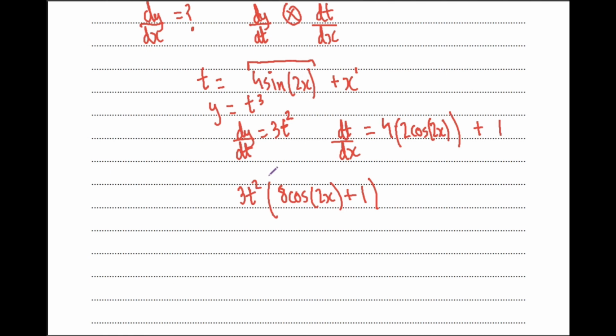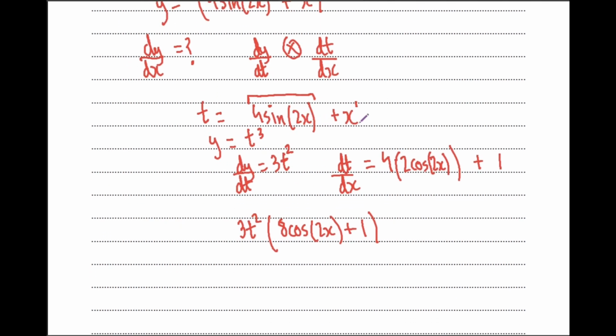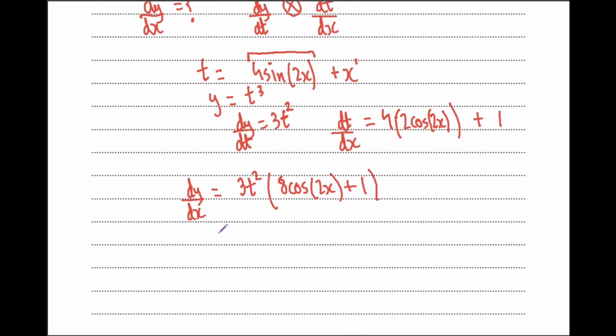But we know what t is. We let t equal 4 sine 2x plus x. So now, this is dy by dx. We can't just leave it in terms of t because we want it in terms of x. So that is actually equal to 3 times, and it's multiplication, so I can just put 8 cos 2x plus 1.